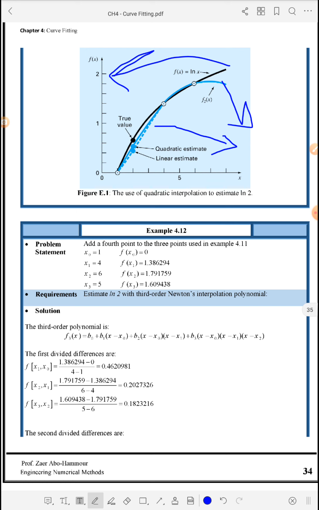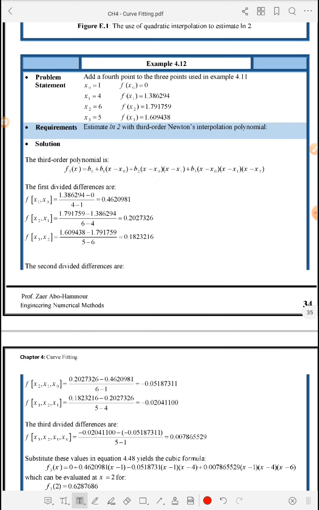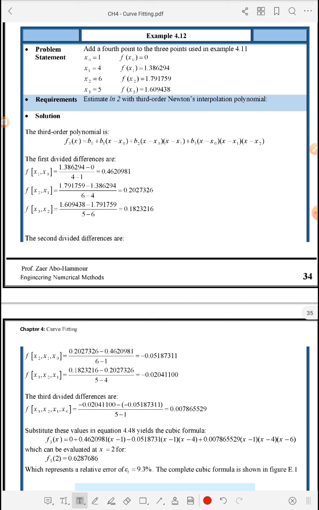We want to calculate the value at x equal to 2. So these are the true value here, the quadratic estimate and the linear estimate, and it's obvious that the quadratic estimate is closer to the true value than the linear estimate. Okay, now let us switch to the next example, example 4.12.